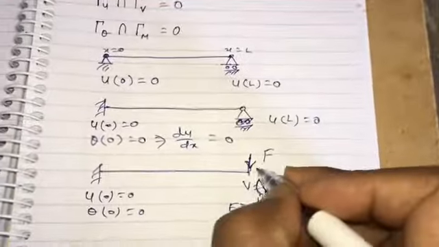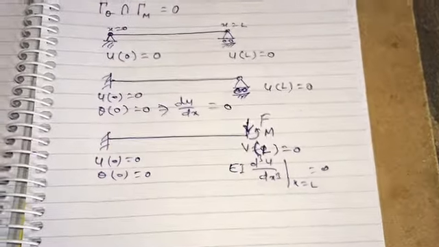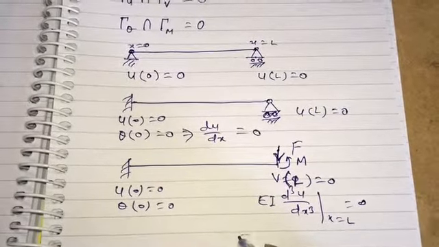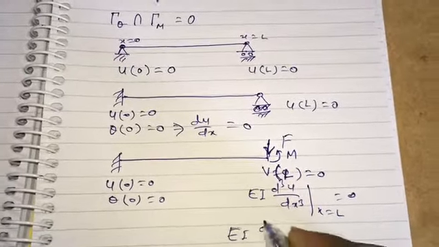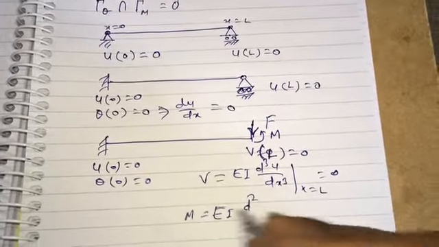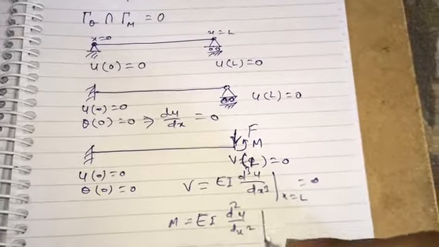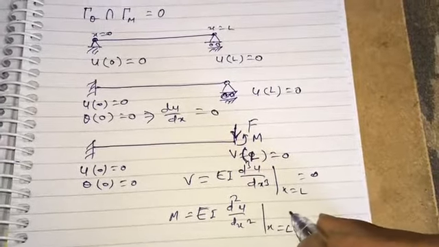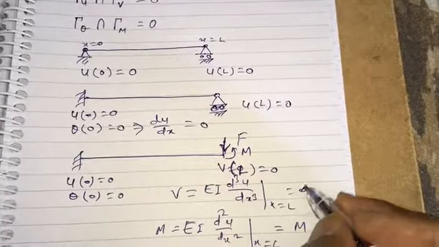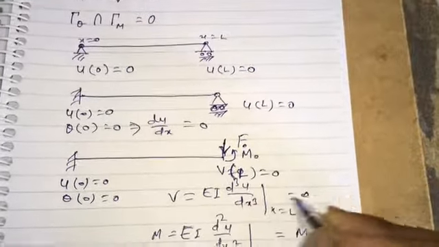Similarly, if you have a bending moment M applied here, like this, then we know that M is EI d squared u over dx squared at x equal to L is equal to M.